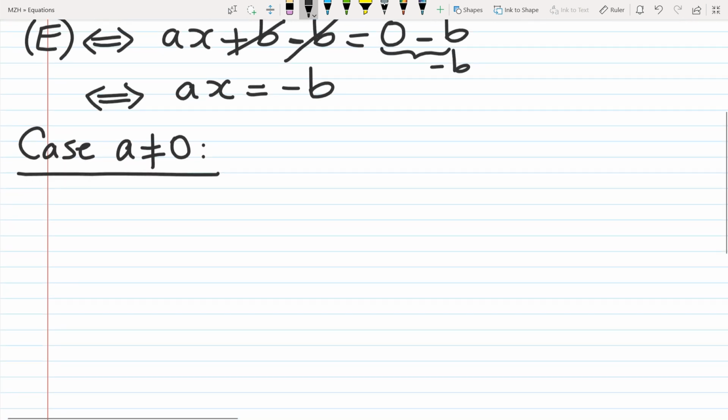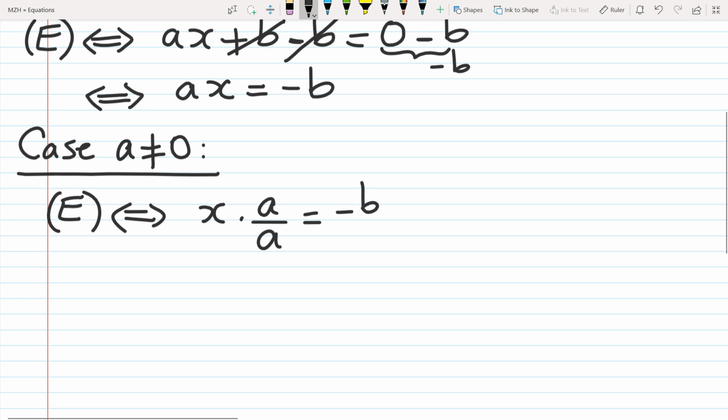So if we make that assumption, now we can say that our equation E becomes x times a, and then we're gonna do the same thing. Now we can divide by a, and we're gonna do it to this side as well. And we know that a over a is 1. And therefore our equation becomes x is equal to minus b over a.